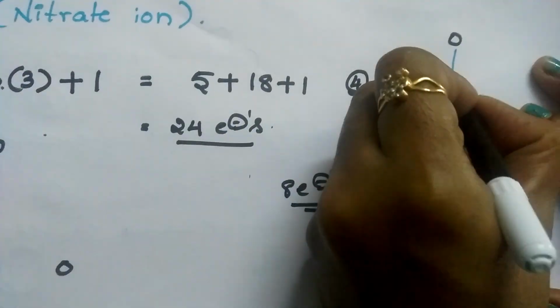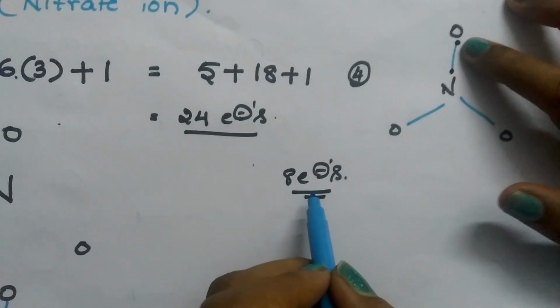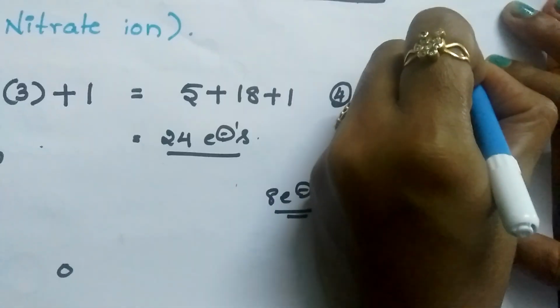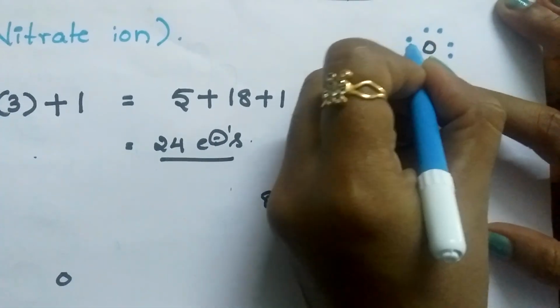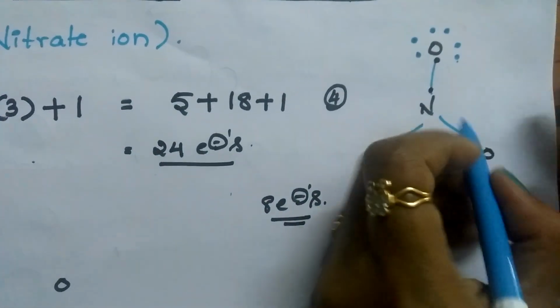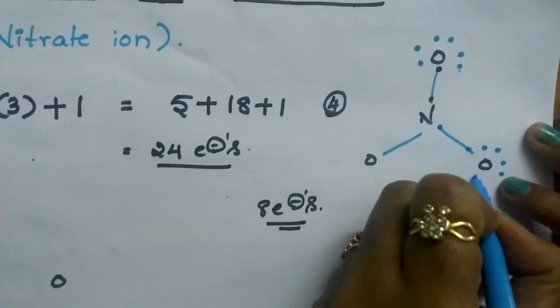Here 2 electrons are present. Octet means 8 electrons. Already 2 electrons are there. You should draw the remaining 6 electrons on the oxygen. Now 1, 2, 3, 4, 5, 6, 7, 8. Octet is fulfilled.